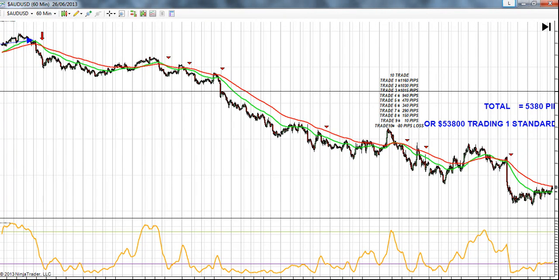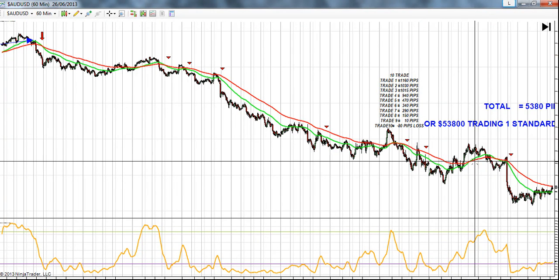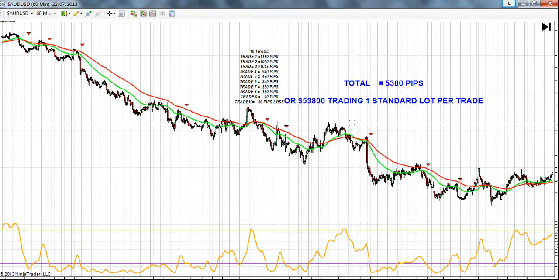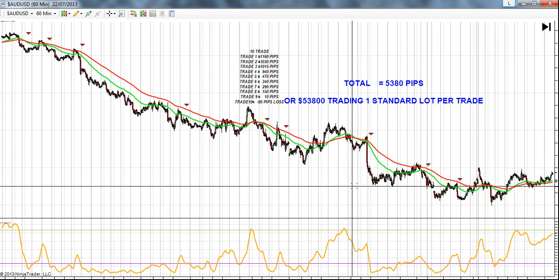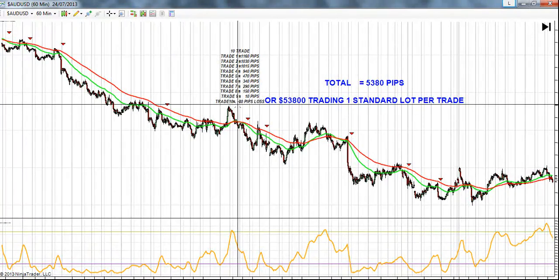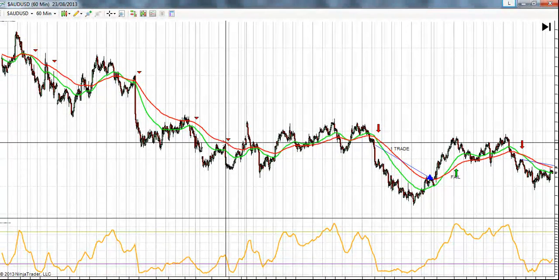Trade 3, 10,000 pips. Trade 4, trade 5 down here, 470. So obviously as we enter the market later and later, we're not making as much money, but we're still making money, and that's what we're after here. And then we get all the way down to trade 10, which is this one right here.